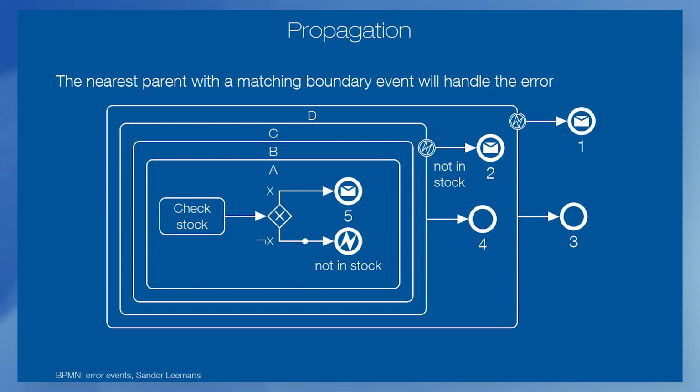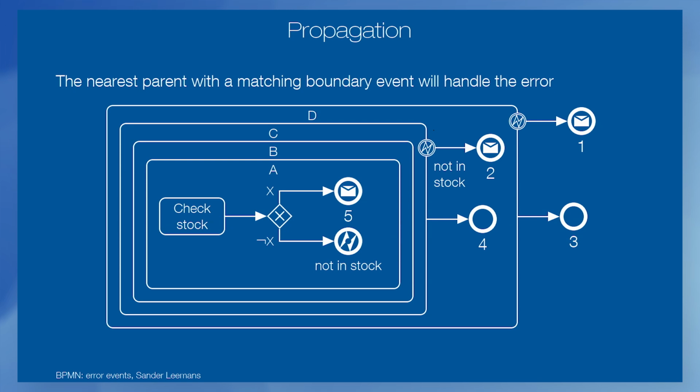Now we're going to reach an end error event. So as soon as a token hits such an error event, the whole subprocess it is in is cancelled. Everything, even down several layers of hierarchy, everything is stopped. All tokens are removed, all multi-instances are ended, everything.